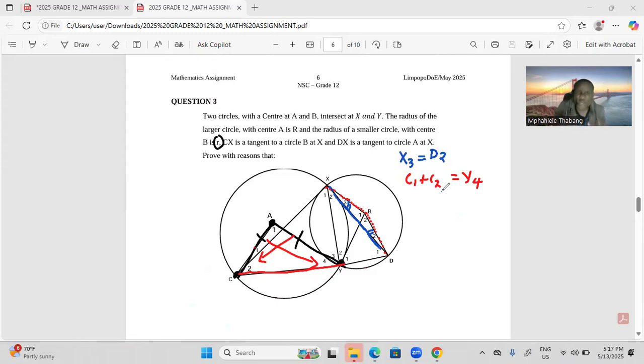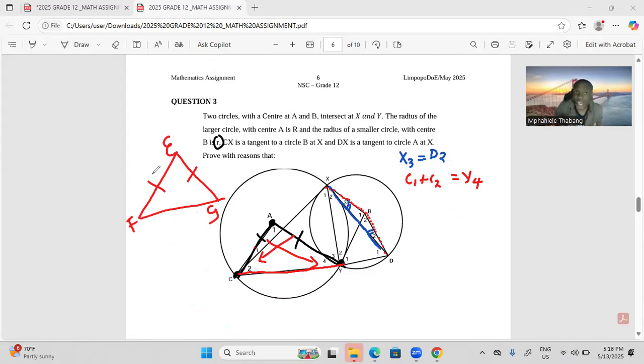So if we have two sides that are equal, let me just show for the last time here. If I have E, F, G, if I have EF, which is equal to EG, the angles which are opposite to these sides are equal because those sides are equal.